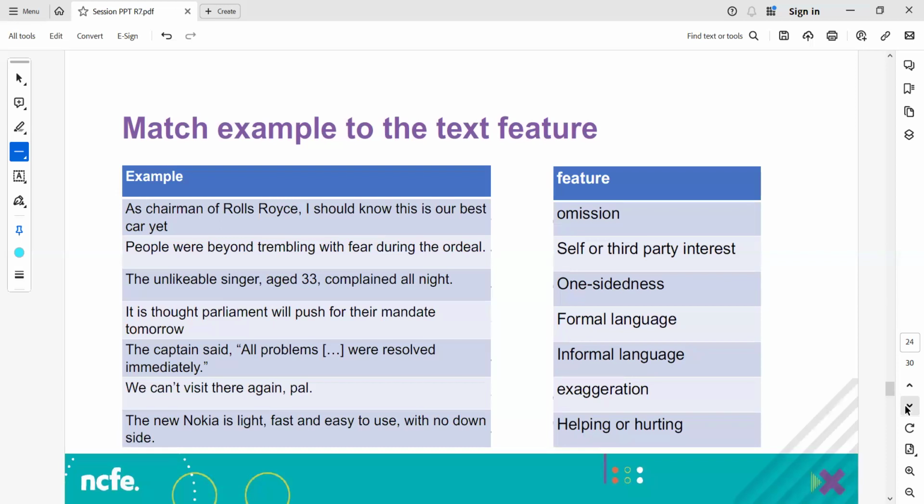I think this is self or third party interest. Yeah, well done. So, like the one we've just looked at, it is self or third party interest. Of course, the chairman would say it's the best car yet because he wants to sell them. Good. People were beyond trembling with fear during the ordeal.